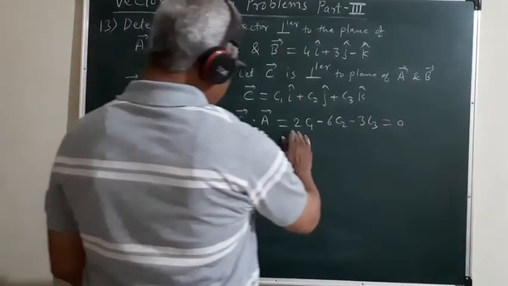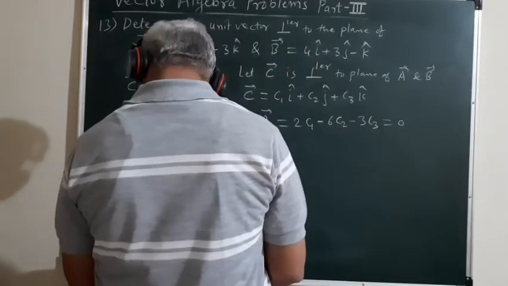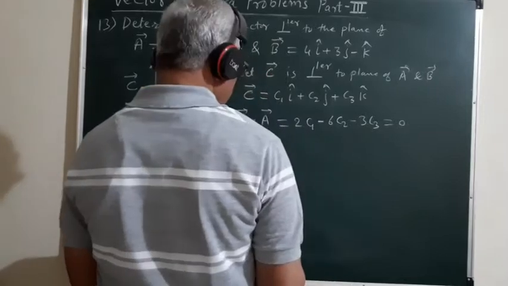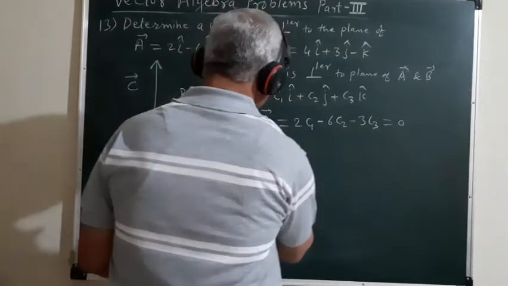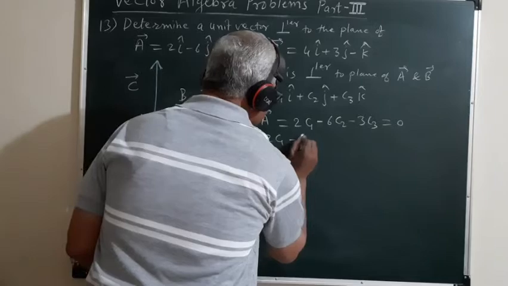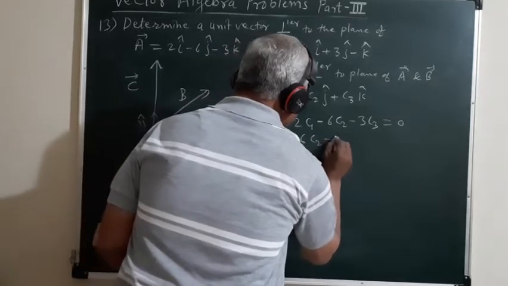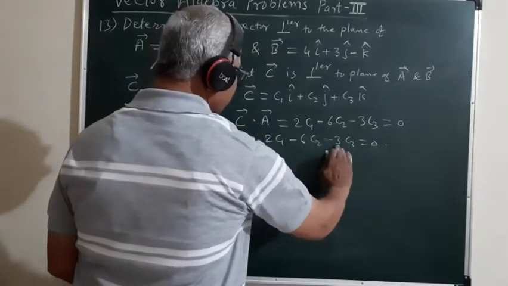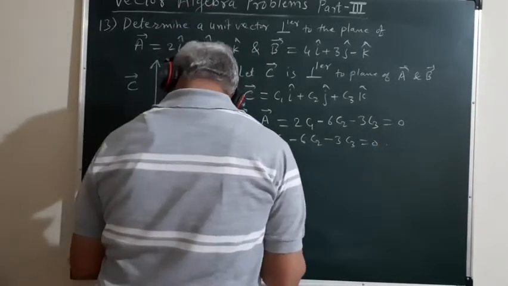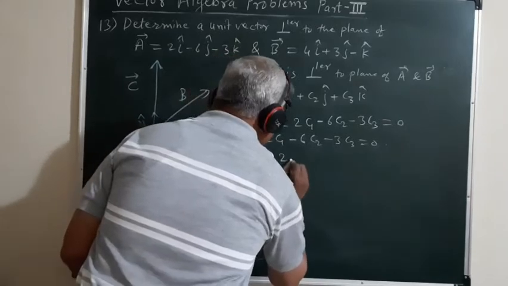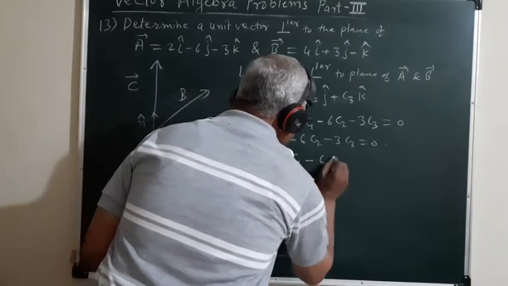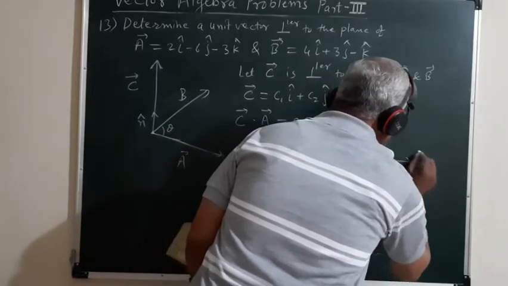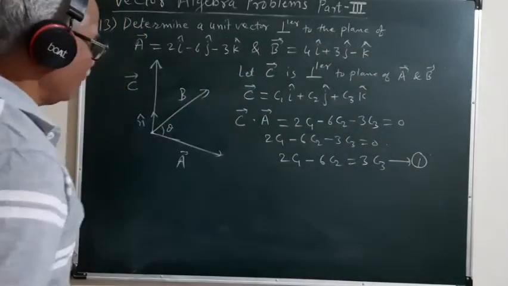So 2C1 minus 6C2 minus 3C3 is equal to 0, and transferring this term to the right hand side, we can express this as 2C1 minus 6C2 is equal to 3C3. Say this is equation number 1.